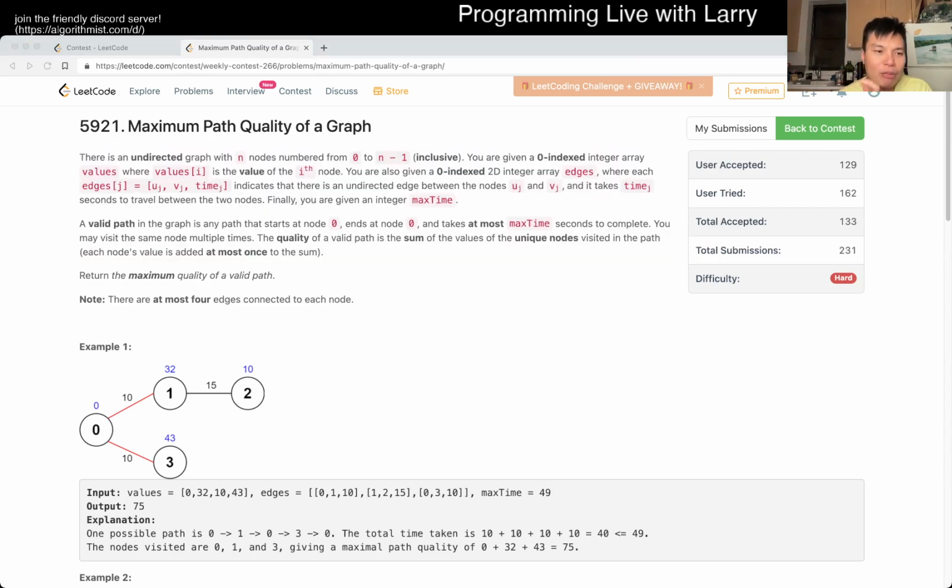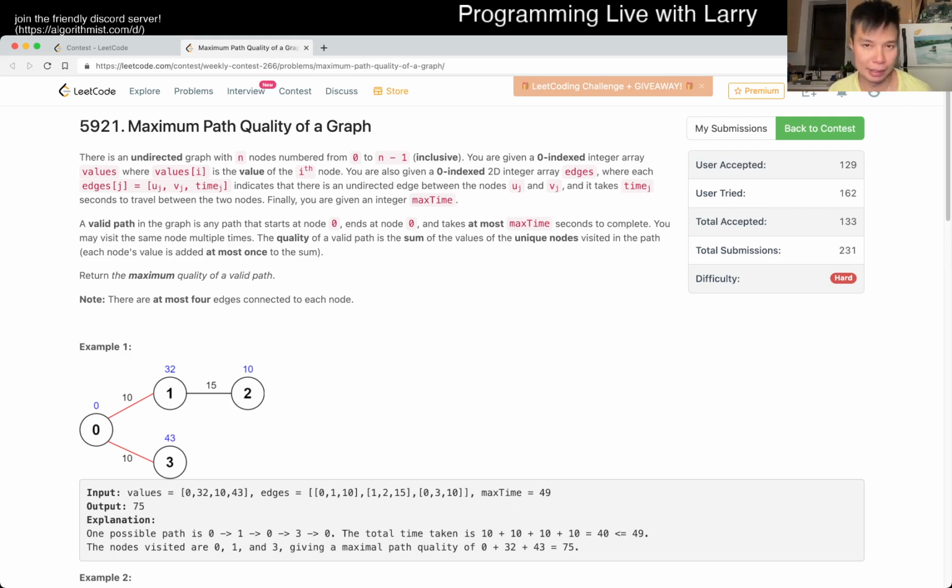Why I say this is a gotcha problem is that if you're used to solving these types of problems, you'll get the sense very quickly that this is a very hard problem.